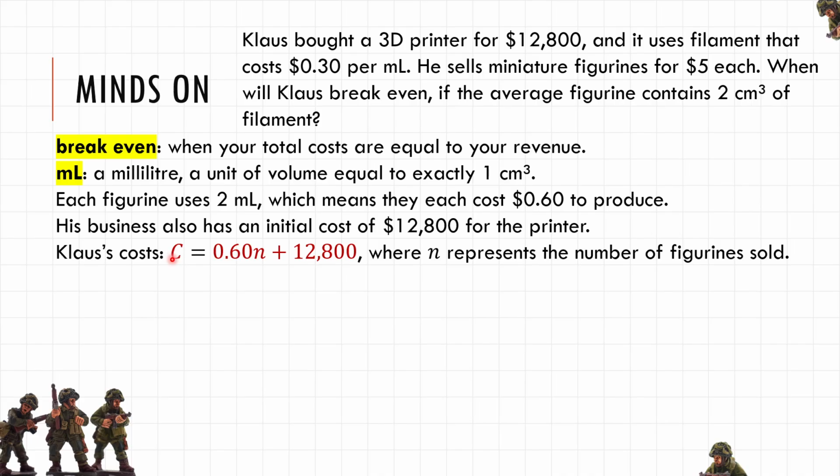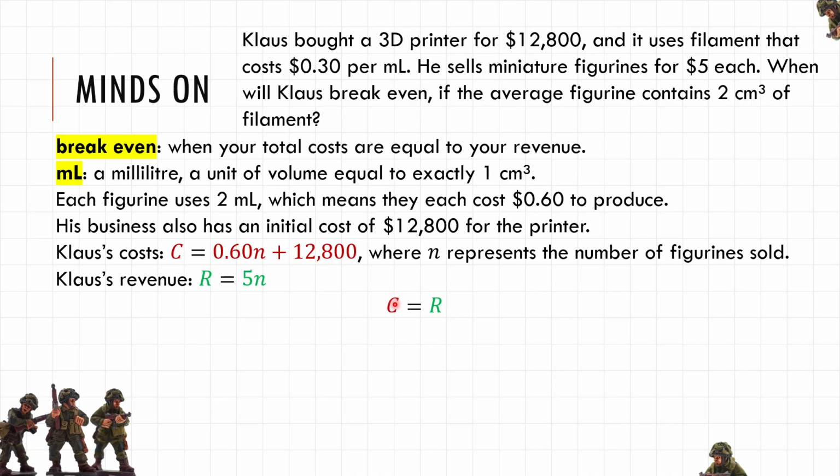His revenue is much easier to calculate. The amount of money that he makes, well, that is $5 times the number of figurines that he sells. And since we're looking for the break-even point, we're asking the question, when does C equal R? When do his costs equal his revenue?